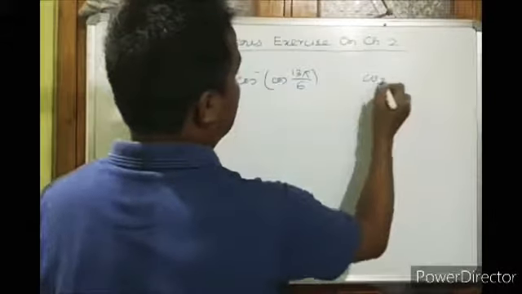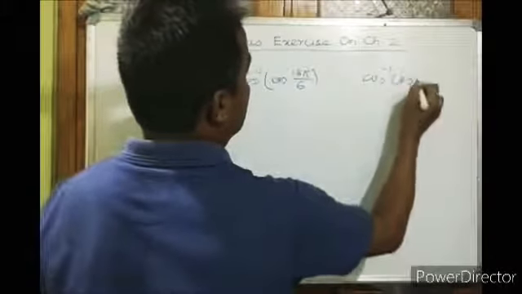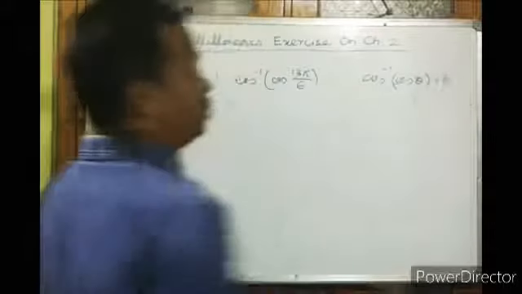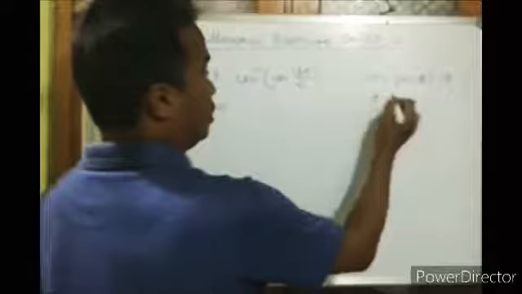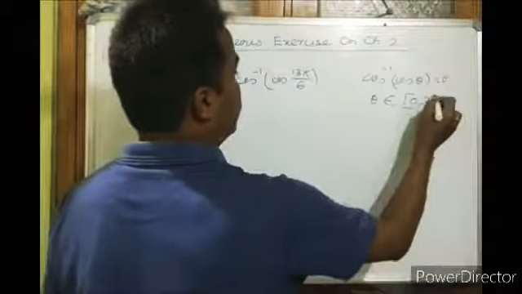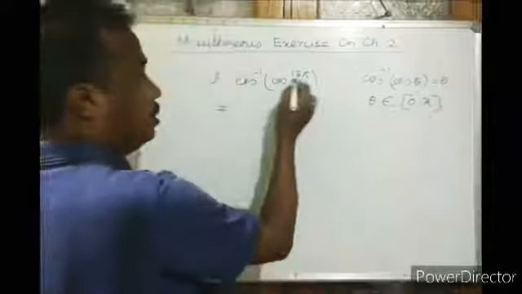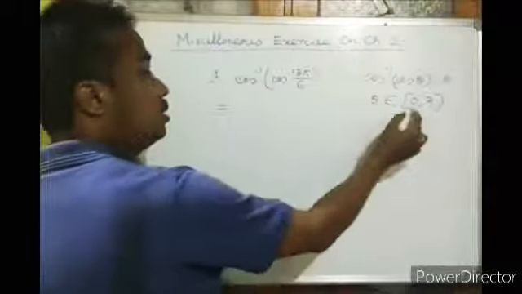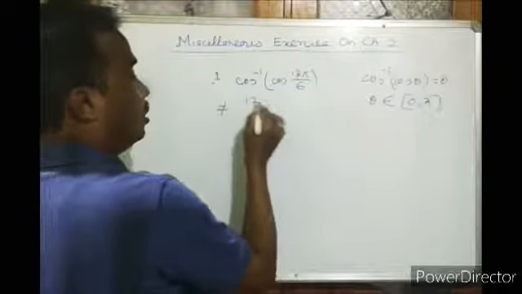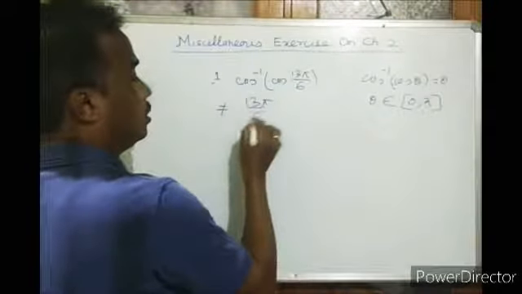We know cos inverse cos theta is equal to theta if theta belongs to this interval 0 to pi. So here you see 13 pi by 6 is not in this interval, so this is not equal to 13 pi by 6.